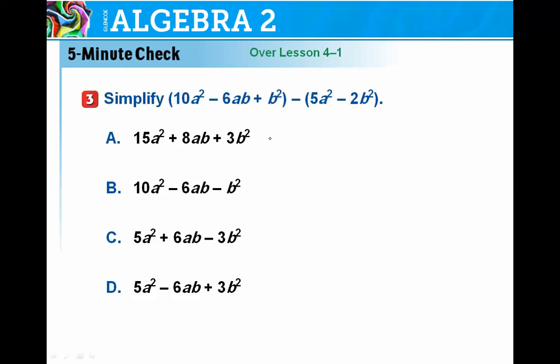Why did we change the sign between the two brackets? If the sign here is negative, we change it into positive to make it plus, and we change the sign in the second bracket. It becomes negative 5a power 2 plus 2b power 2.